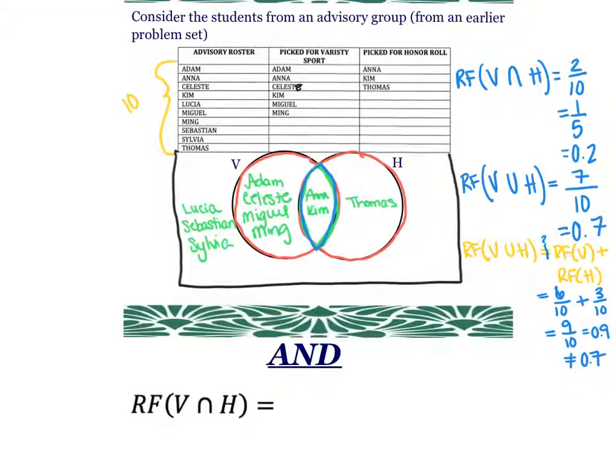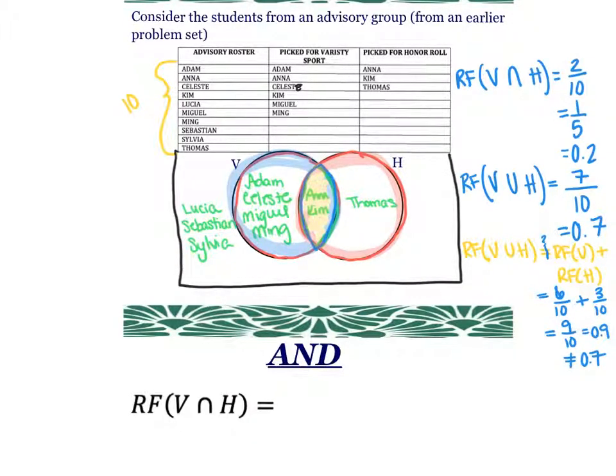If I'm calculating an OR statement, I cannot just add up the relative frequencies, or the probabilities for that matter, of event 1 plus event 2. And the reason for that is when I calculate all of the 6 that are on varsity sport here, plus all of those here that are on the honor roll, we double counted Anna and Kim.